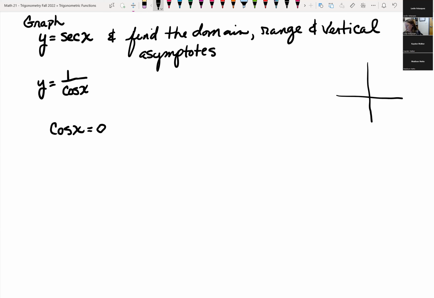And if we look at the unit circle, recall that cosine of x was the x value of the point on the unit circle, depending on the angle. And so the values where x is 0 are when we're on the y axis. And so those are values where x is equal to pi halves.